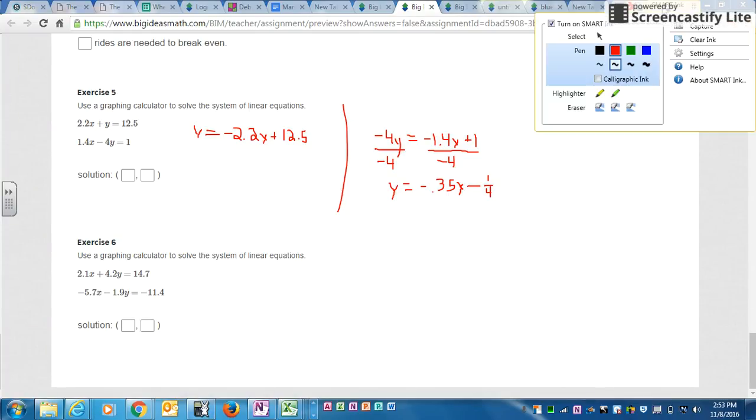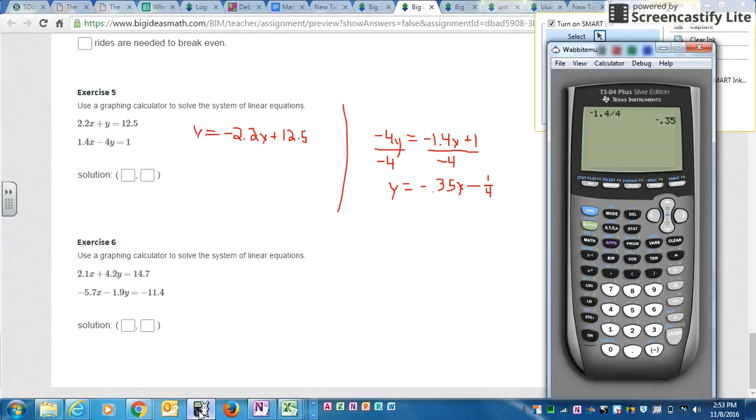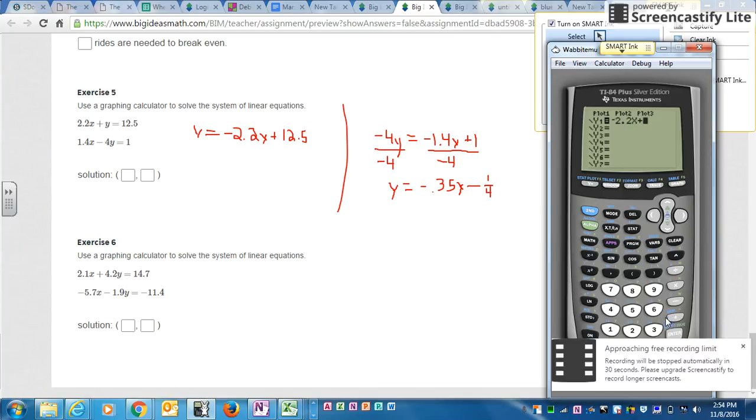Okay, so it says graph using a calculator because these are not nice numbers like some of the other ones. So I'm going to go to y equals, clear out both of my lines, go to the first line, negative 2.2x plus 12.5.